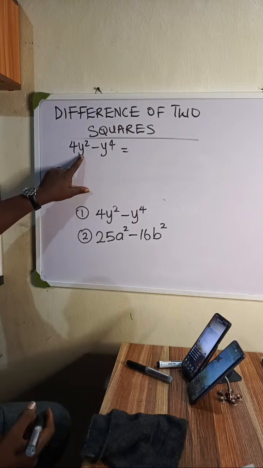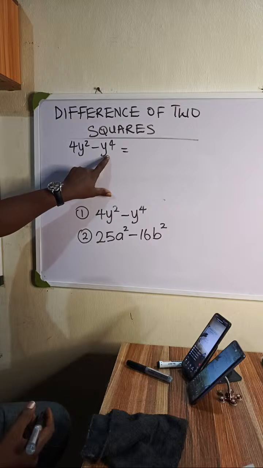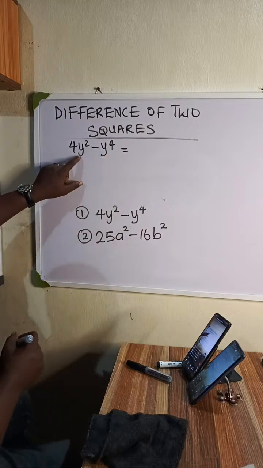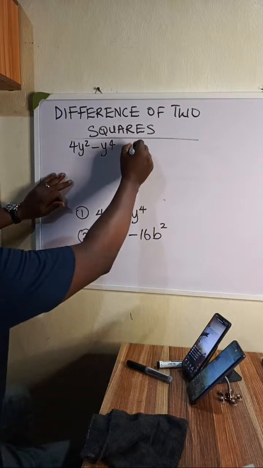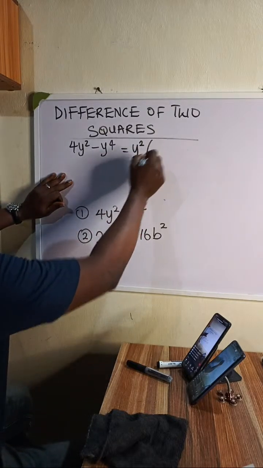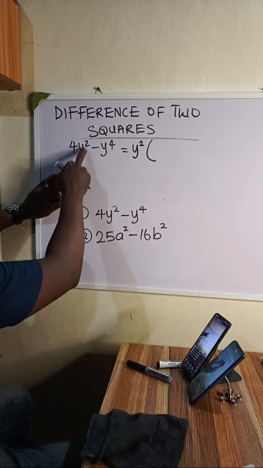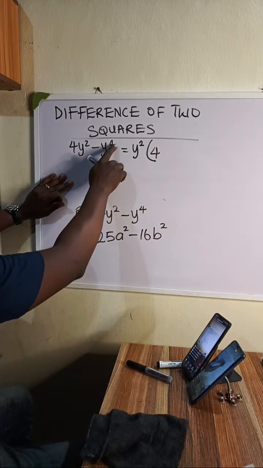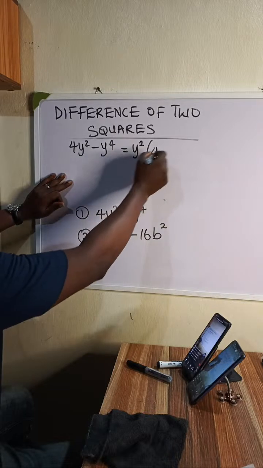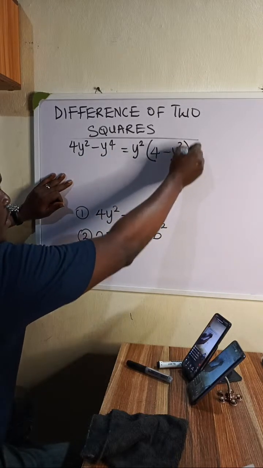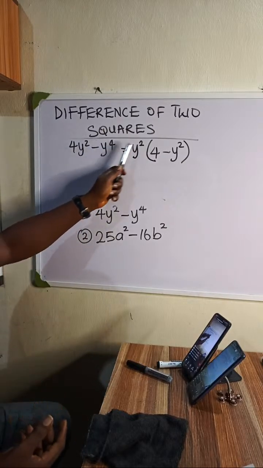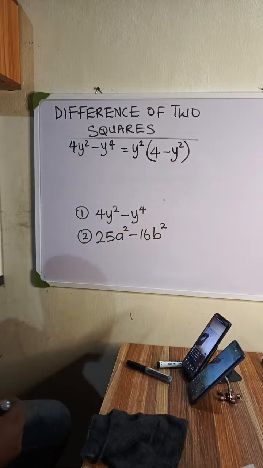Here we have y squared. Here we have y to the power of 4. So y is common. We choose the smaller exponent, y to the power of 2, and then we can divide. 4y squared divided by y squared will give us 4. y to the power of 4 divided by y squared will give us y squared. All you need is 4 minus 2, that gives you 2.